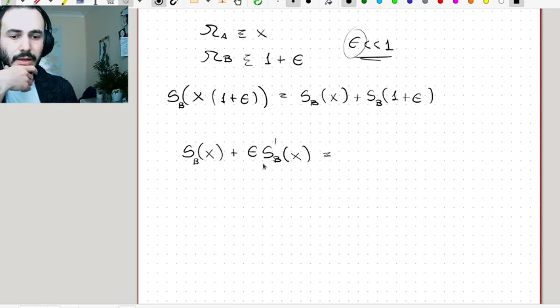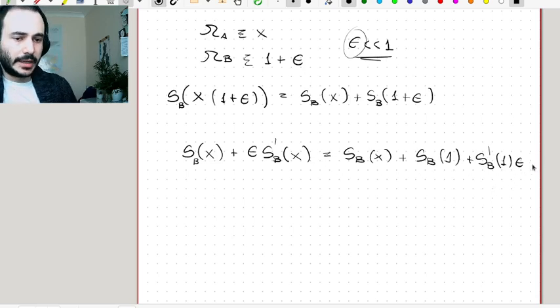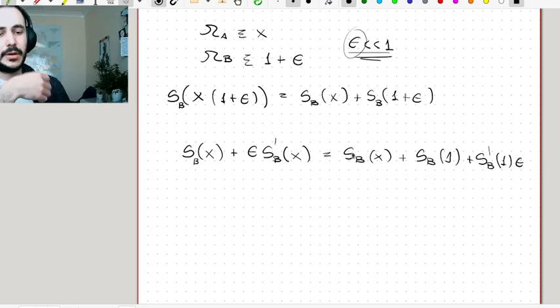We can actually shove them to the right hand side if we wanted to. And now on the right I have S of x, and then I will do the Taylor expansion here. What I have is S of 1, and then plus S prime of 1 times epsilon, and like I said before, plus terms of order epsilon squared, but epsilon is arbitrarily small, and I can just throw those terms away.